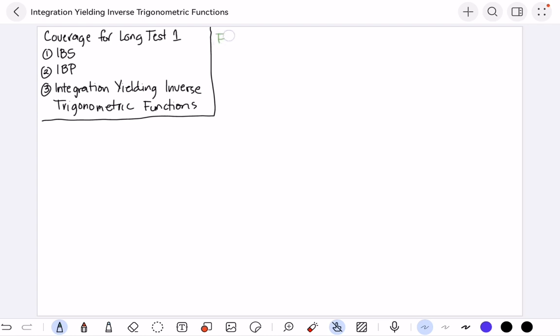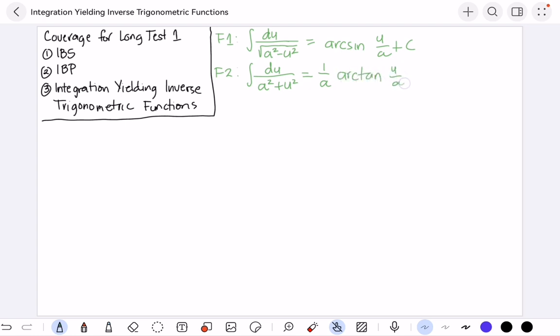Formula number 1: the integral of du over the square root of a square minus u square is just arc sine of u over a plus c. Second formula: the integral of du over a square plus u square is equal to 1 over a arctan of u over a plus c.